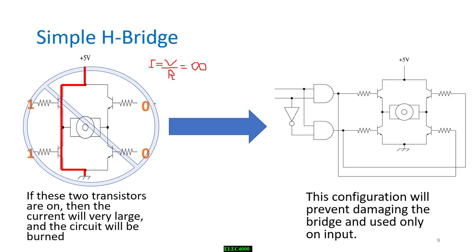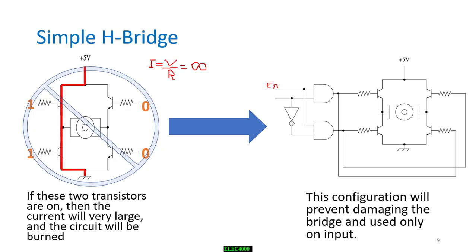So in order to avoid this situation, we build up this circuit. This circuit is used to control both direction and speed. Let's talk first about direction. First of all, we have the enable value, which is here, En.